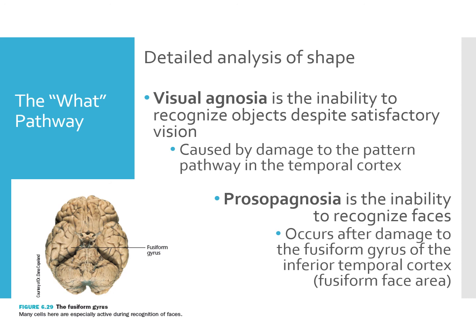I'm going to start by talking about visual agnosia, which is when people have damage to this pattern pathway somewhere in the temporal cortex. Depending on exactly where the damage is and the severity, they might lose certain objects. But if they're losing this area that is the pattern pathway in the temporal cortex, they have this inability to recognize objects, despite the fact that they have satisfactory vision.